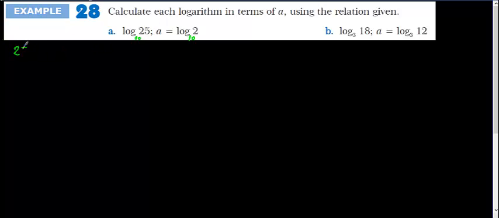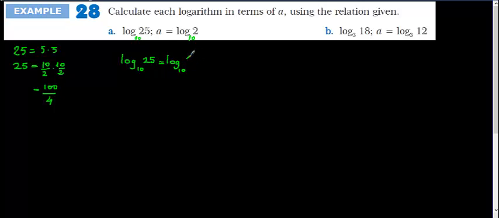If we say 25 is equal to 5 times 5, that's going to be equal to 10 over 2 times 10 over 2, and this is equal to 100 over 4. So logarithm base 10 of 25 is going to be equal to logarithm base 10 of 100 over 4.